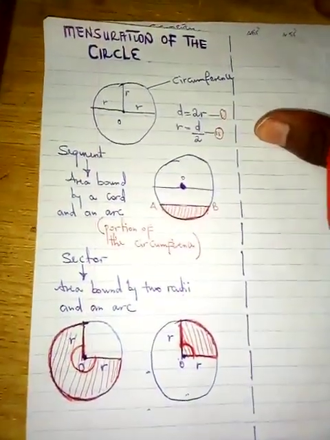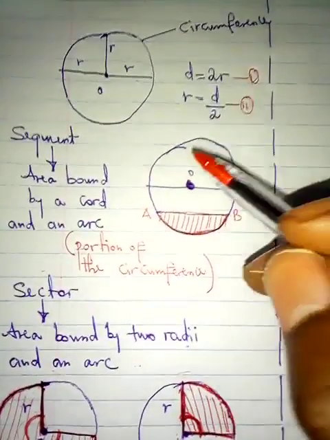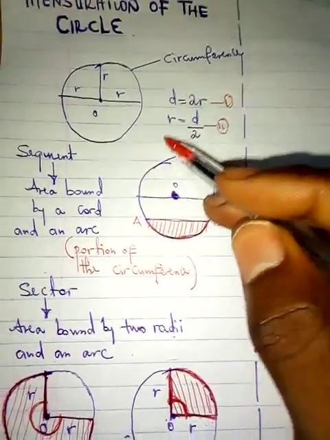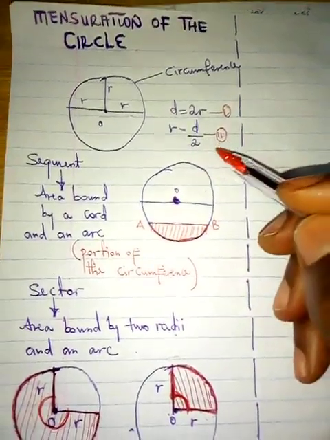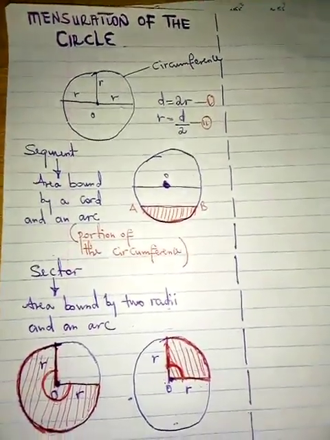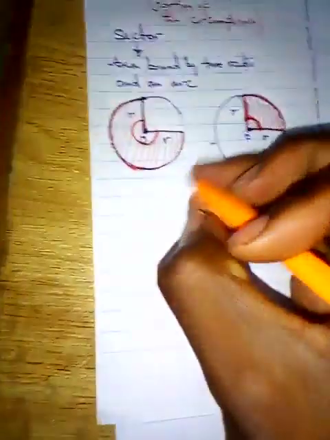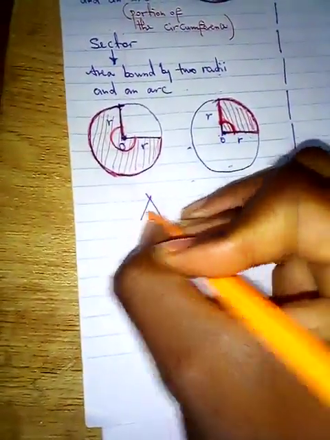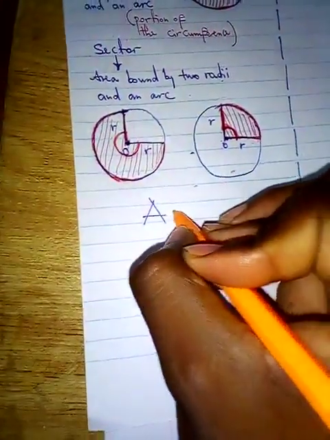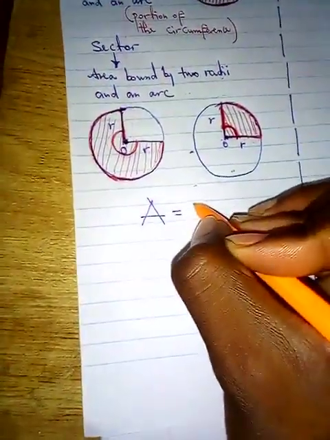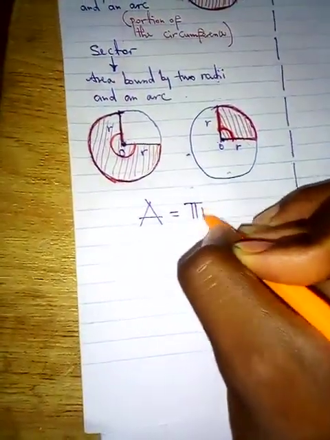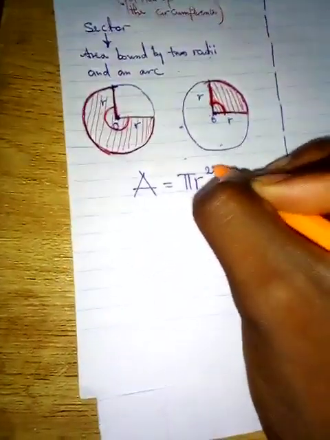We have seen that the diameter is just twice the radius and the radius is just half the diameter. That's the other way of saying it. But if we start with a circle, the area formula of a circle is going to be given by pi r squared, the area formula.